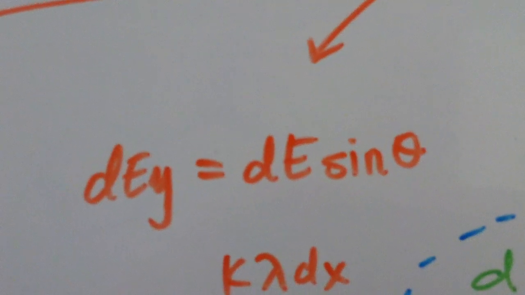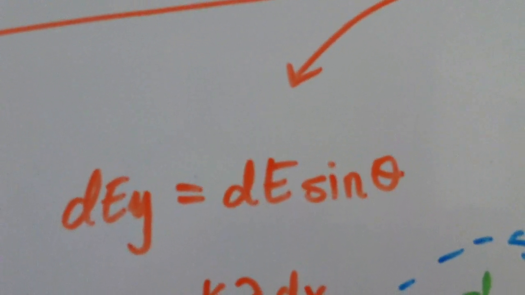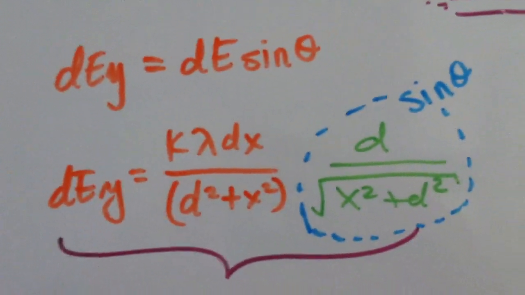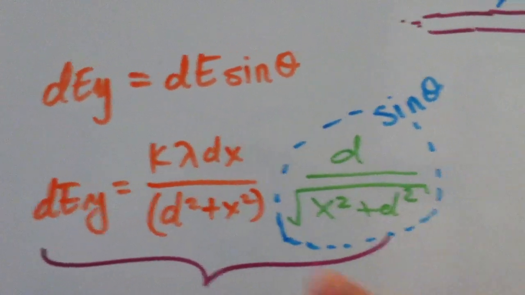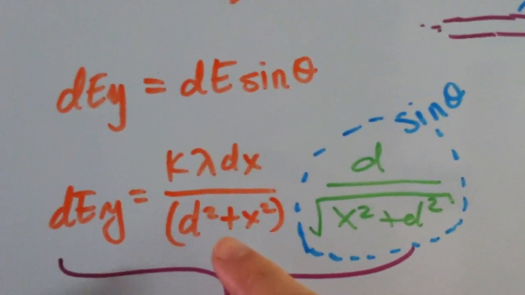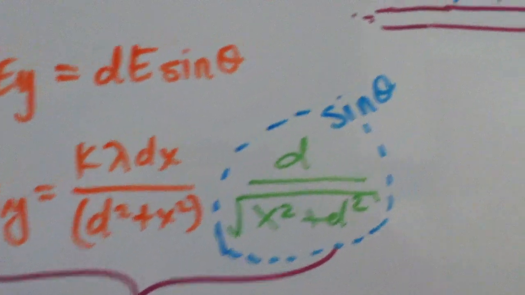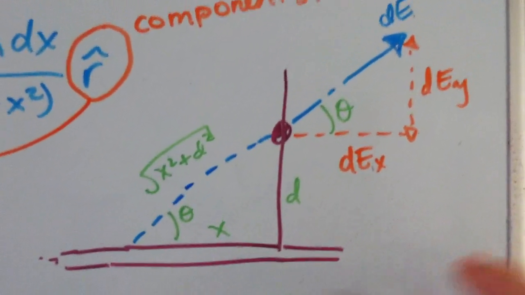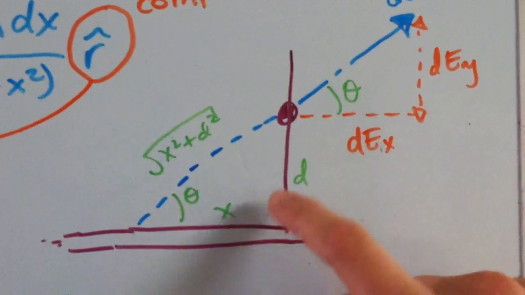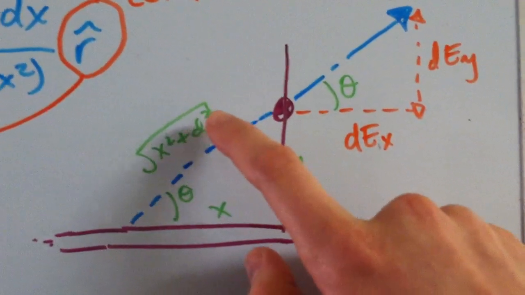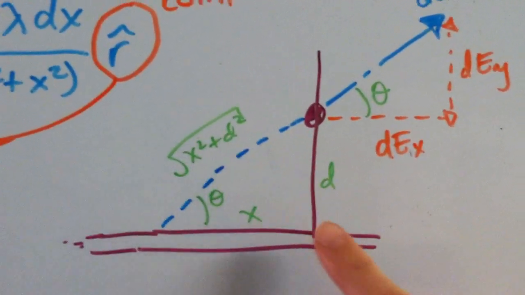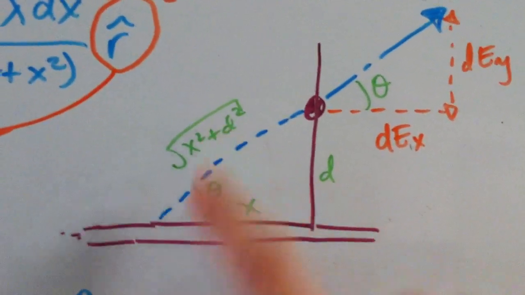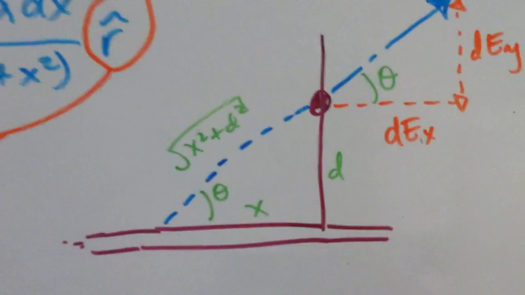So now we'll go on to dEy. And dEy is equal to dE sine theta. Here we go, I've plugged it in here. The dE that we found before is right here in orange. And over here, we've gone back to the triangle, and we've defined sine of theta as d over the square root of x squared plus d squared, because sine of theta is opposite over hypotenuse of the triangle.